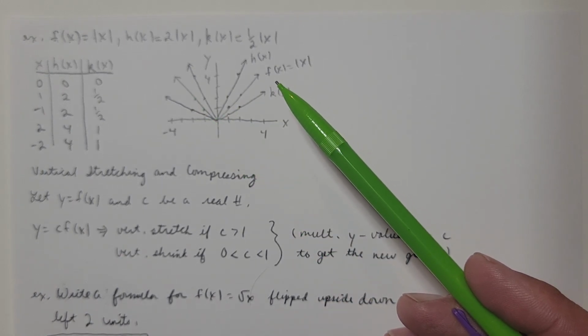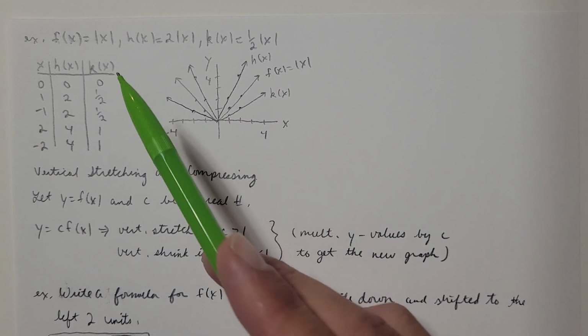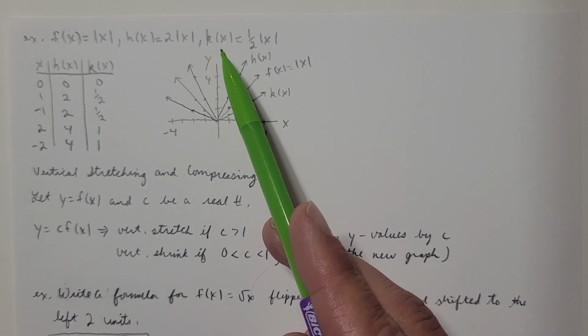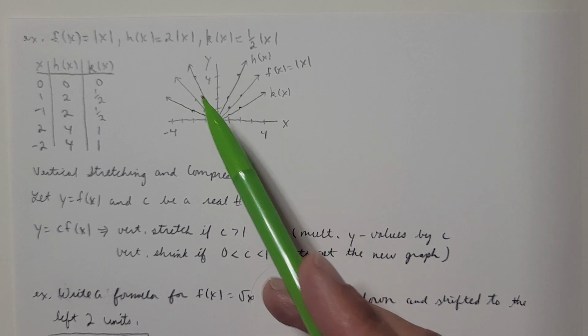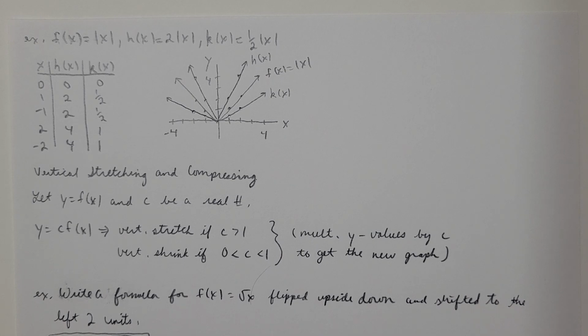The V is facing upward. And now, unlike the last two transformations, let's go ahead and graph h of x and k of x, but I'm going to graph them on the same curve, right? Because if we look at all three of these curves on the same graph, we'll be able to identify what's going on with the transformation better.